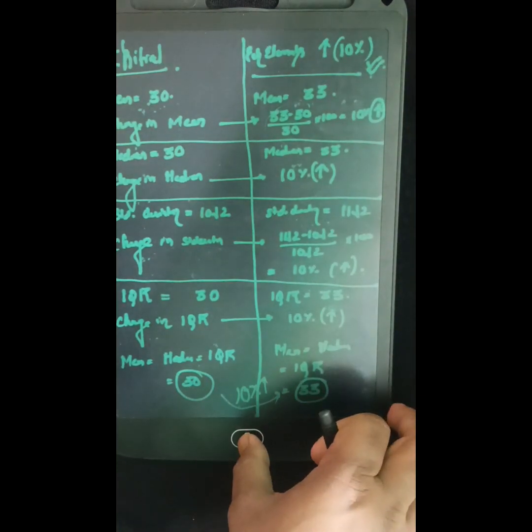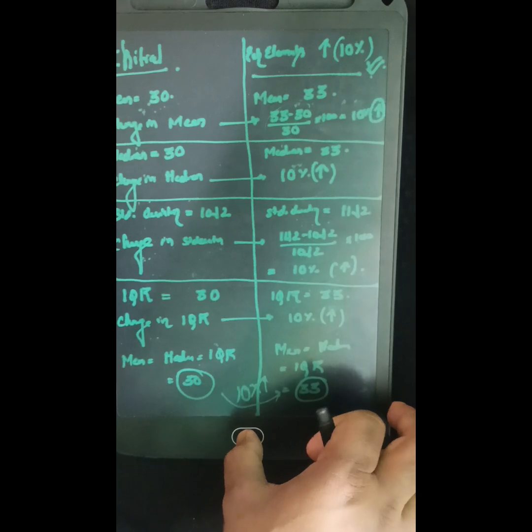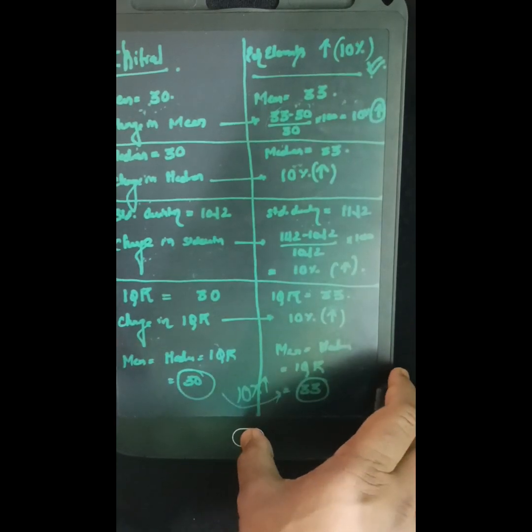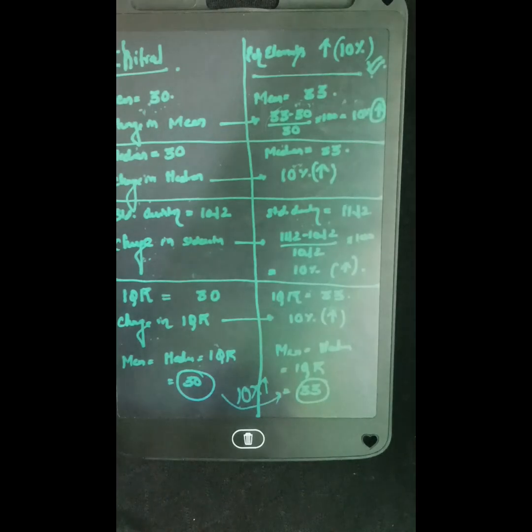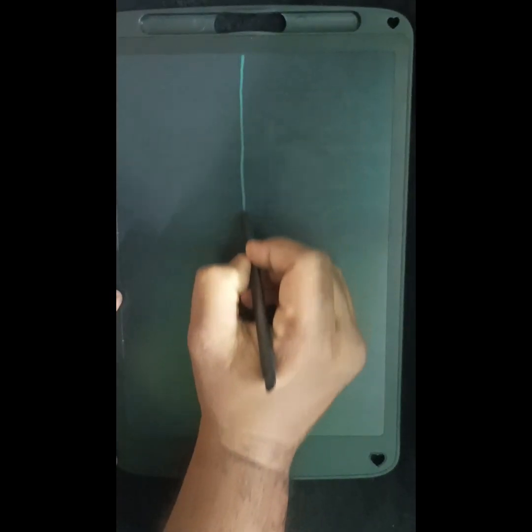I am moving on to the difference that we will have when there is an increase in each of the numbers by 10, as in values. And one may keep in mind that this is not because of the figures which we have taken, that is the elements in our data set. This is valid for any elements which we take as our sample data set. Okay, so let's move to the next difference.